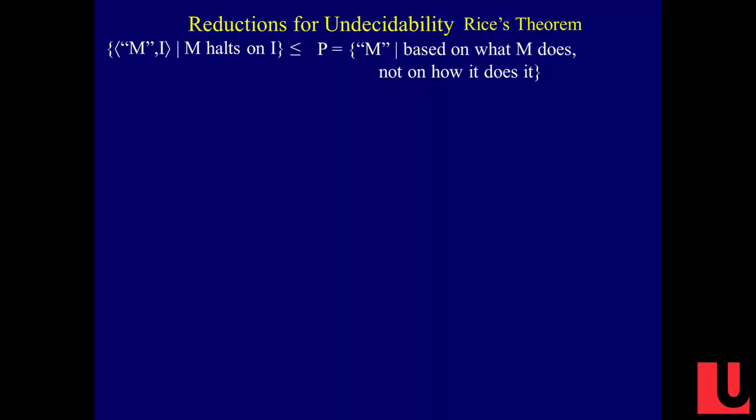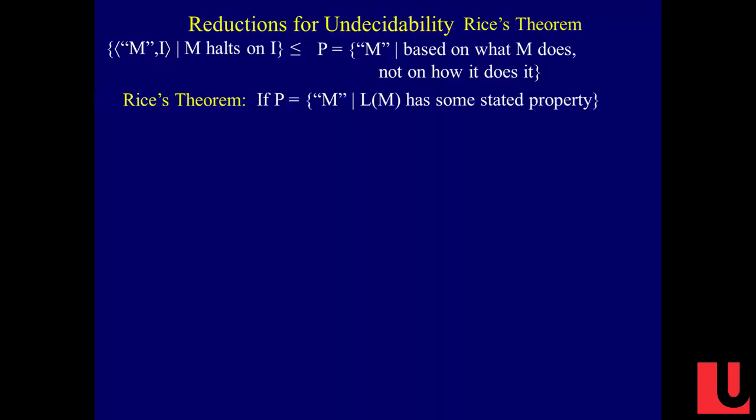If you give me a Turing machine and you want to know something about the language of that Turing machine, which inputs it says yes on and which inputs it doesn't halt on, then it seems reasonable that that would be undecidable, as opposed to just asking how many states it has, or something semantic about the Turing machine. That might not be hard, but knowing something about what the Turing machine does is undecidable.